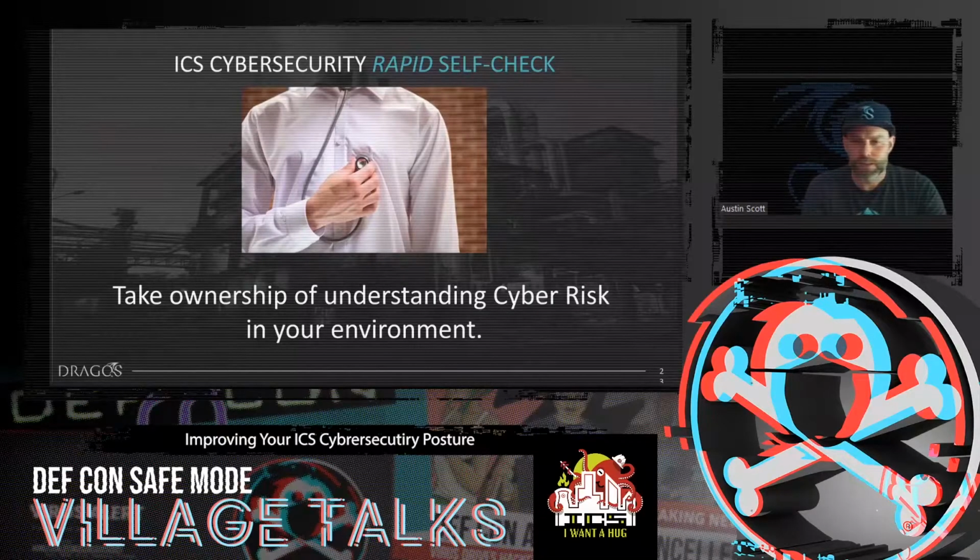All these things should be done regularly. Once you really take ownership of your industrial cybersecurity, of your industrial cyber risk, you can make a big difference in that risk reduction. You can start to address that.